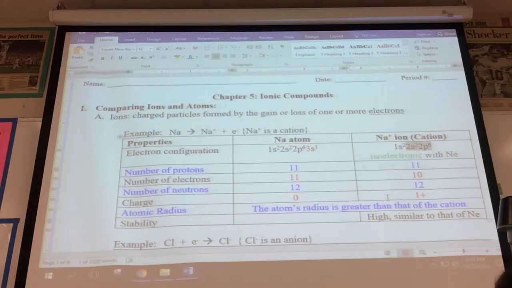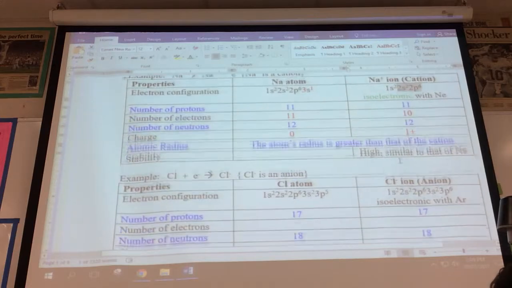Ions form through the loss or gain of 1 or more electrons so that they have 8 electrons in their outermost shell. That confers stability. So for a cation, the cation will have a smaller radius than its corresponding atom, but the ion is far more stable than the corresponding atom because it has an octet of electrons in its outermost shell.